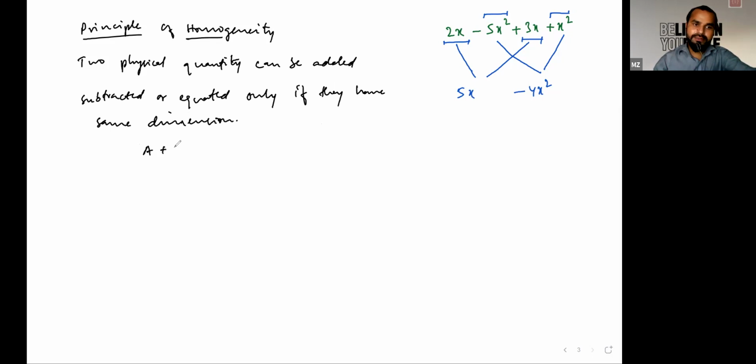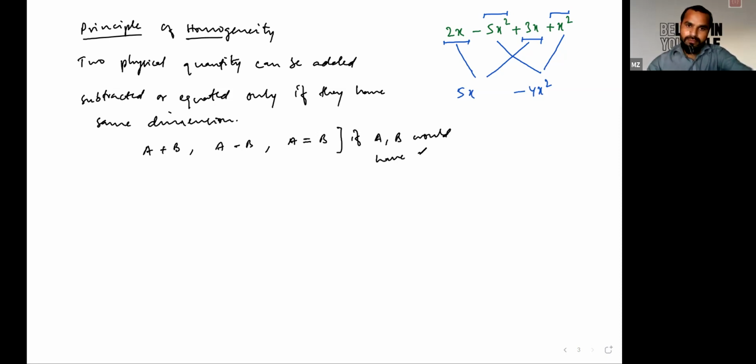Suppose there is written a plus b, a minus b, or a equals b. All three expressions are possible only if a and b have the same dimension. Is it clear to everyone? Yes, sir. Sabita, any doubt?